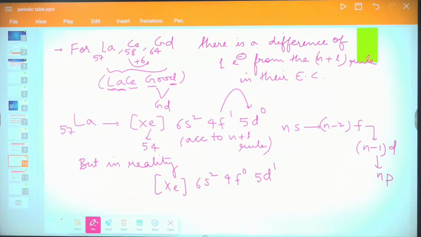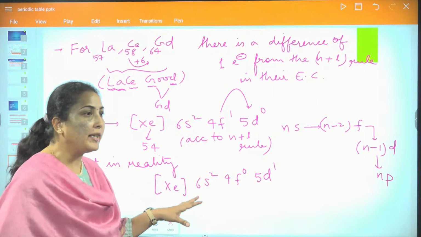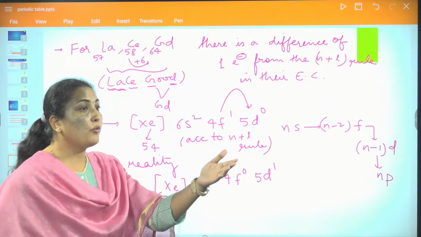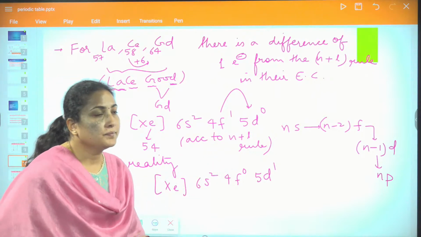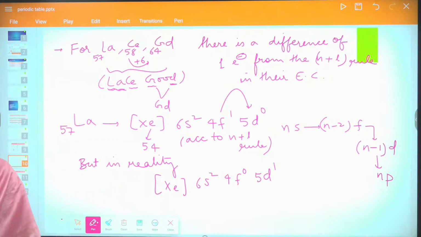For gadolinium also we will see. And hopefully, when you finish writing, you must write it down on your own for gadolinium, because previously also in the NEET examination, it has been asked.